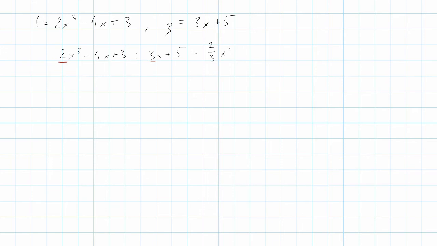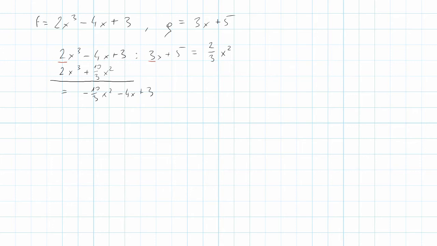So we now have 2x cubed plus 10 over 3x squared, and we subtract them, this cancels, and we have minus 10 over 3x squared minus 4x plus 3.